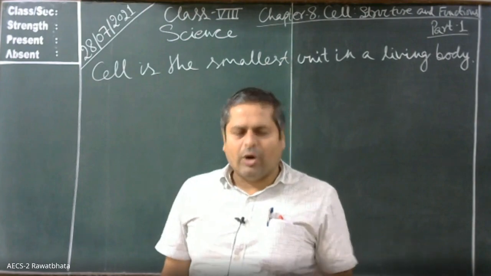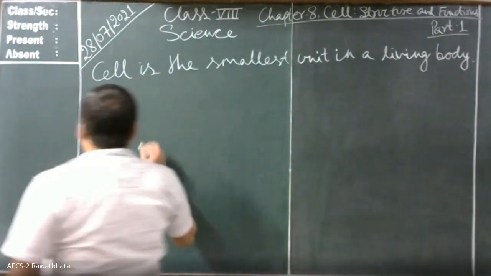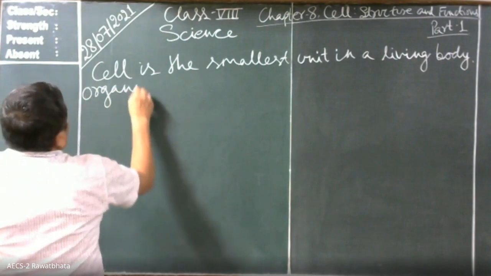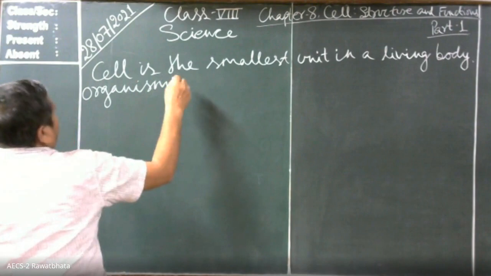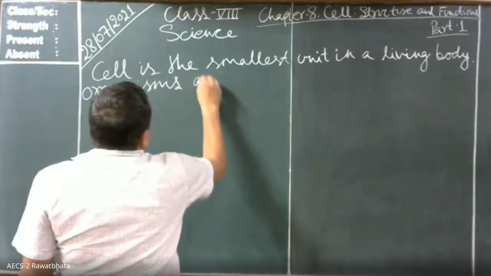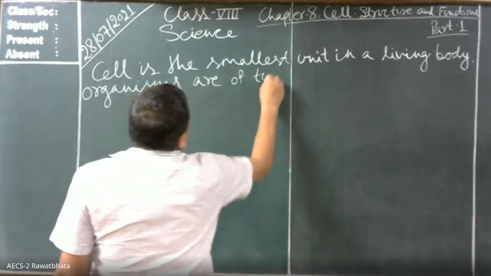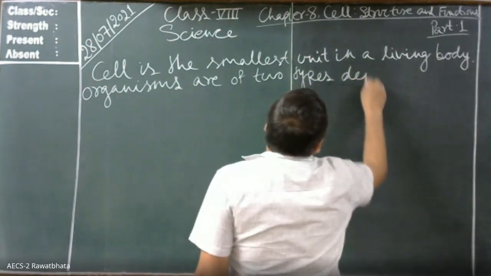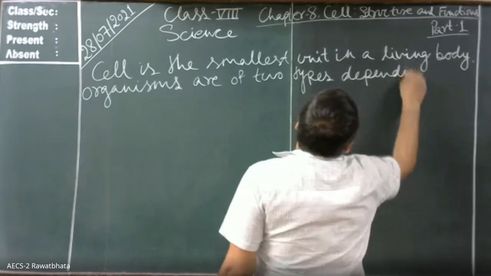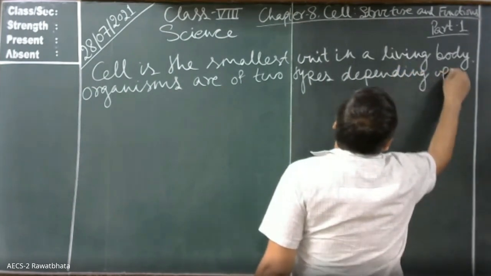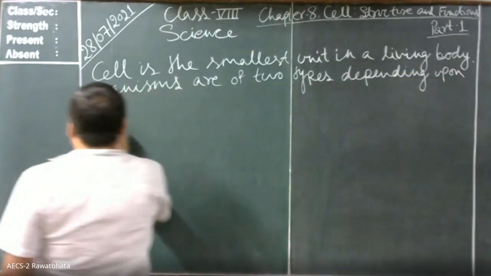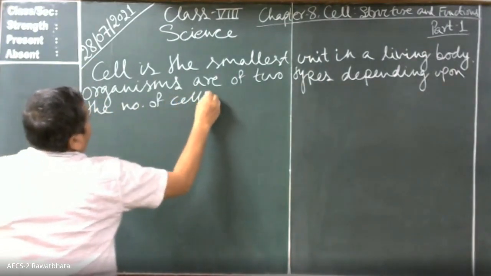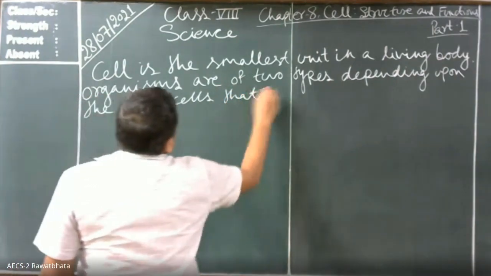Okay. Organisms are of two types depending upon the number of cells that they have.